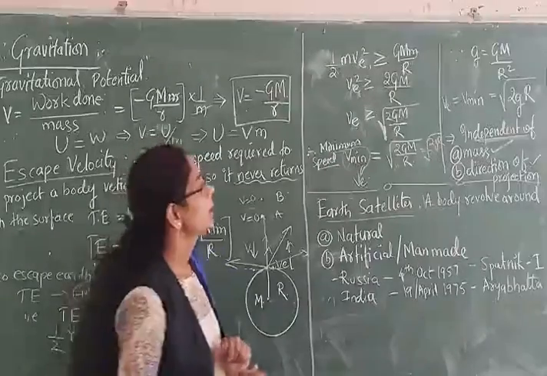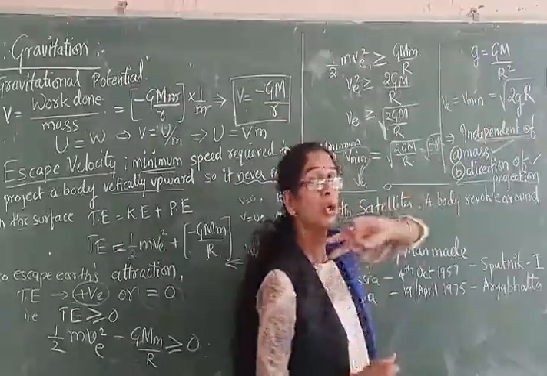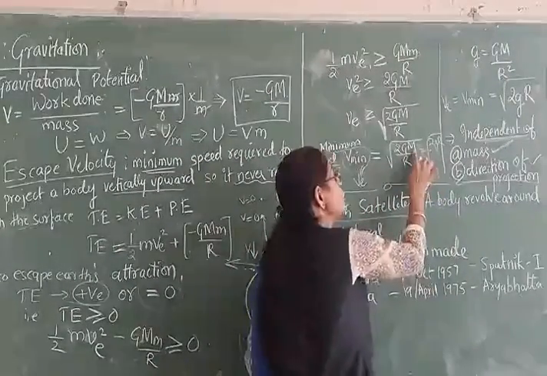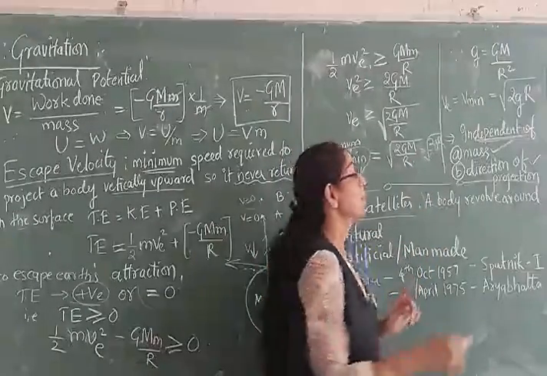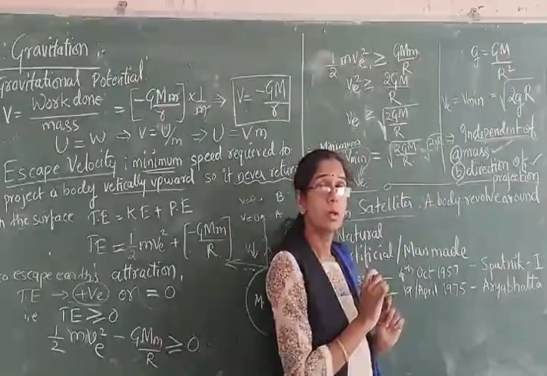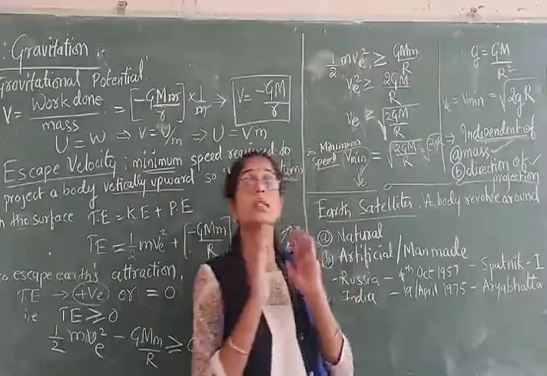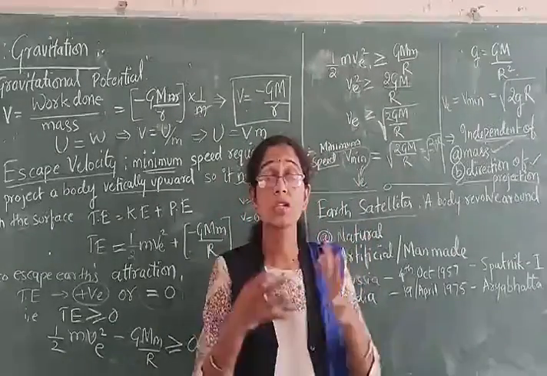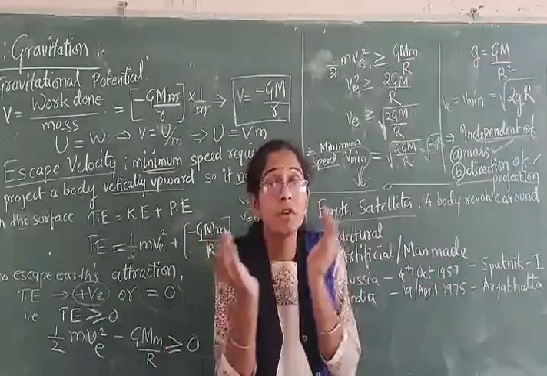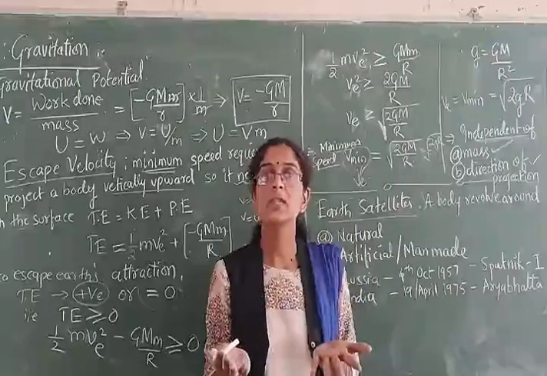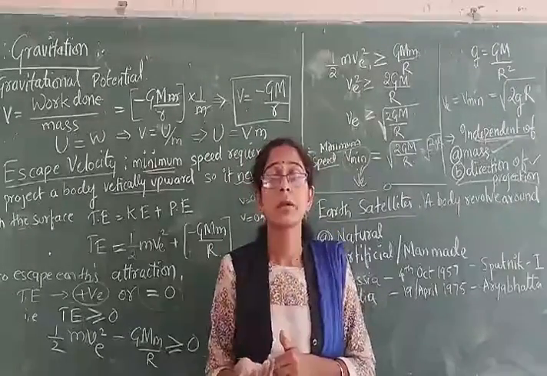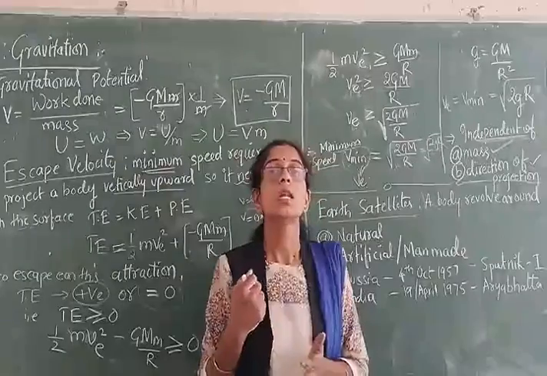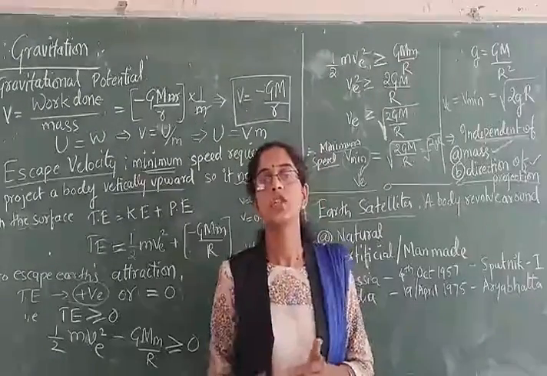And see that escape velocity depends upon two more factors: one is the mass of the Earth and the other is the radius of the Earth. Means if the Earth's structure changes, if the mass of the Earth becomes larger or smaller, or the radius becomes less or greater, then the value of escape velocity will also change.